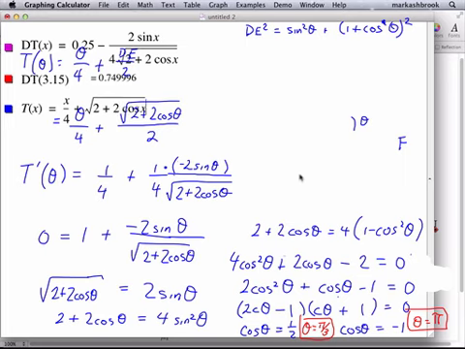Just in this algebra part. What was it? So I took the derivative, okay? Yeah. Set it equal to 0. And then I just moved this over and cross multiplied, so basically these are equal. Right. Squared both sides to get rid of the square root. So now what I want to do is create a quadratic of all cosines. You got that? Yeah.